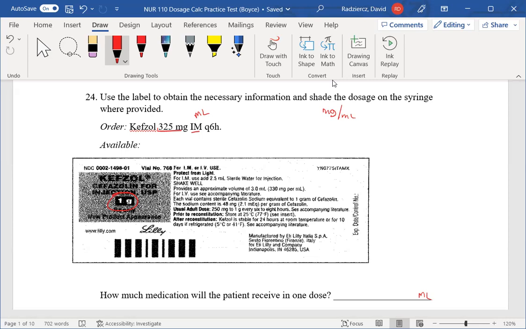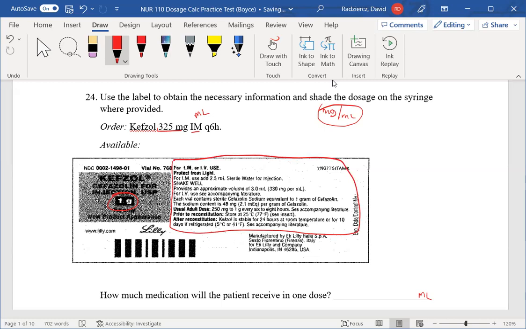First of all, what I'm looking for in a reconstitution is I need to find this information on the label. By circling the 1 gram, that's just telling you that you're dealing with a reconstitution question, which means we have to go into the side label.